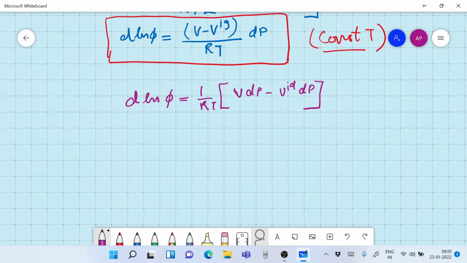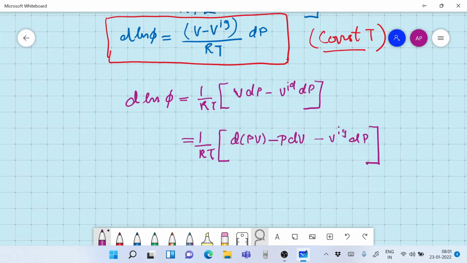So here we can do the modification: 1 over RT, and V dP can be written as d(PV) minus P dV, and this can be written as V ideal gas dP.